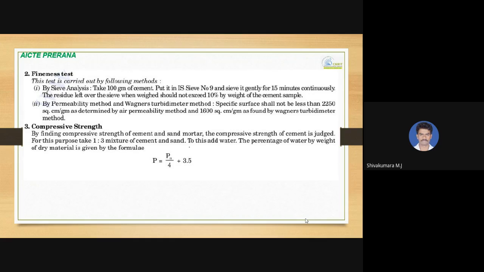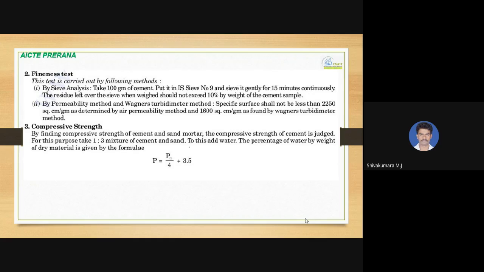And for this, you need to calculate the water. It is given by P equal to P by 4 plus 3.5%, by combined weight of cement and sand, where P here is the standard consistency water requirement. So that much amount of water you need to calculate and take.